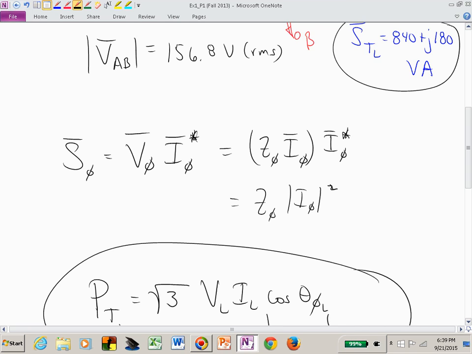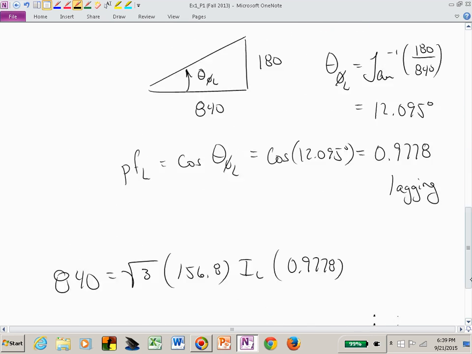Is it clear that now you can only use a third of that total complex power to compute Z, your impedance of the load? This is a per phase power, so now you would use this formula.